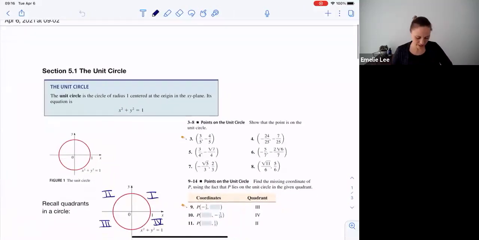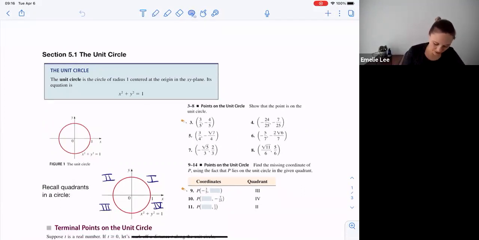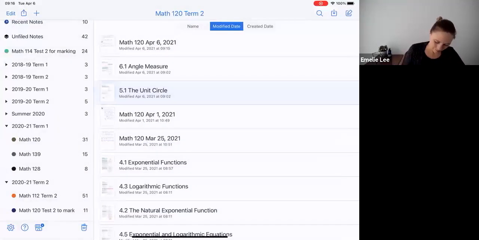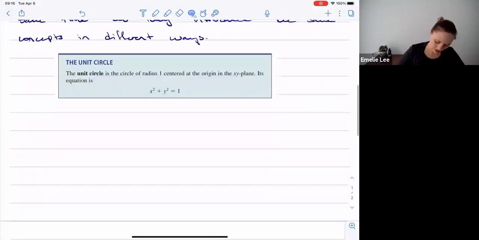So 5.1 is talking about the unit circle. One approach that we could use is the unit circle approach, and that's the one that I'm going to rely on a lot. So let's talk about the unit circle first off here. The unit circle is just a circle with a radius of 1, and it's centered at the origin of the xy plane.